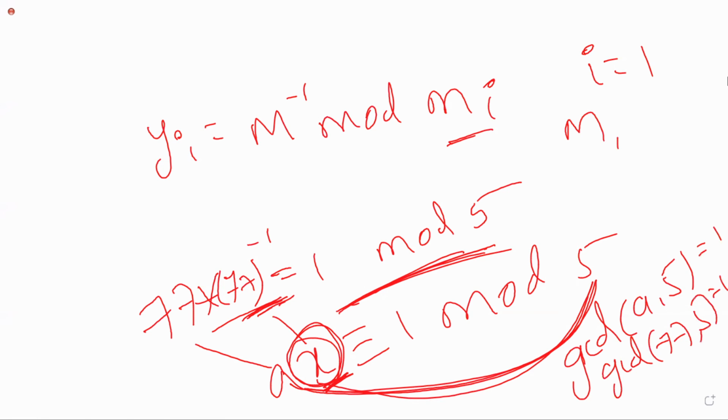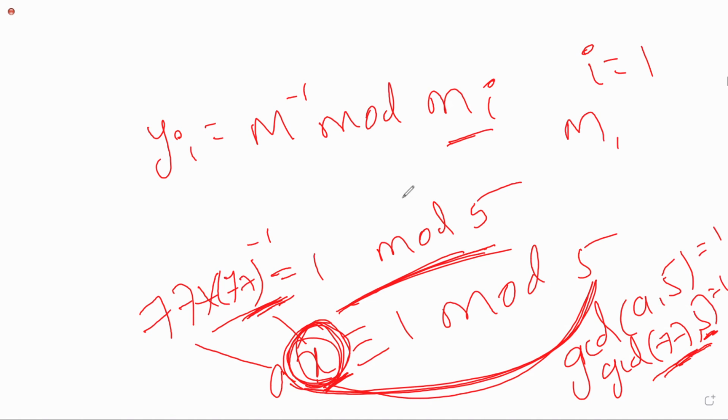Tell me, is the GCD of 77 and 5 equal to 1 or not? Yes, very good. Why? Because 5 is a prime number, so its common factor with another number is obviously 1. So the GCD of 77 and 5 is 1, which means 77 will have an inverse and we can easily find the X value.